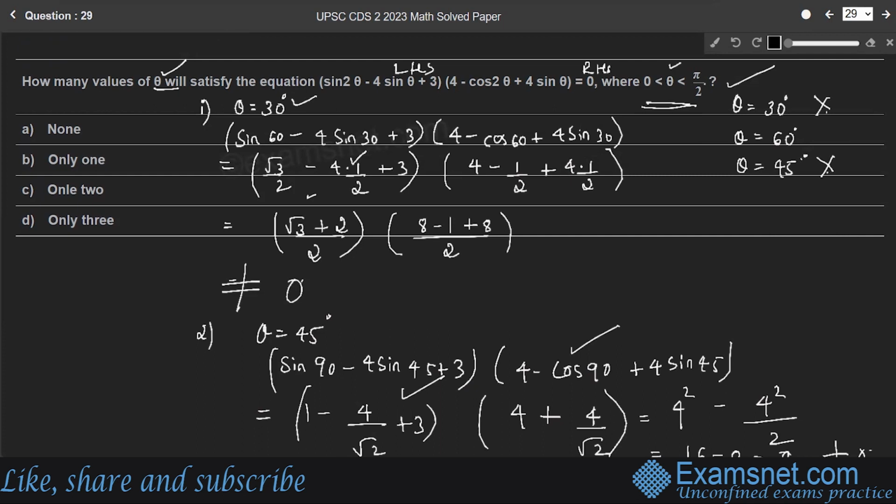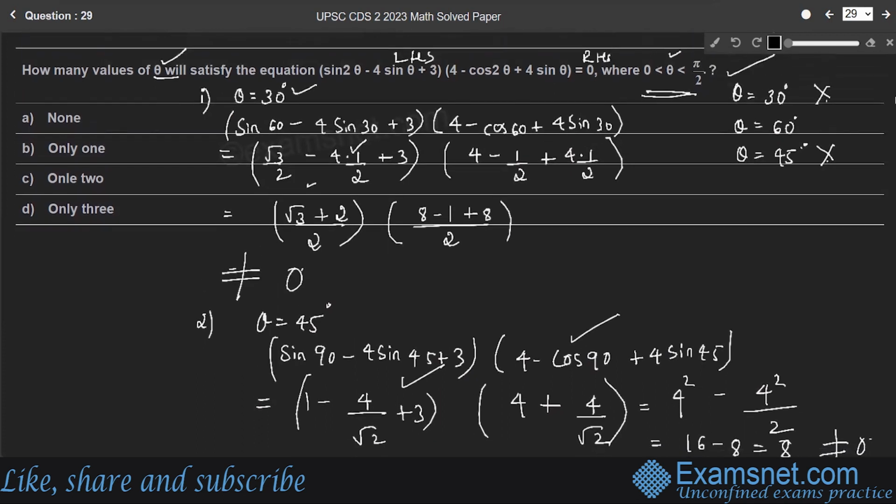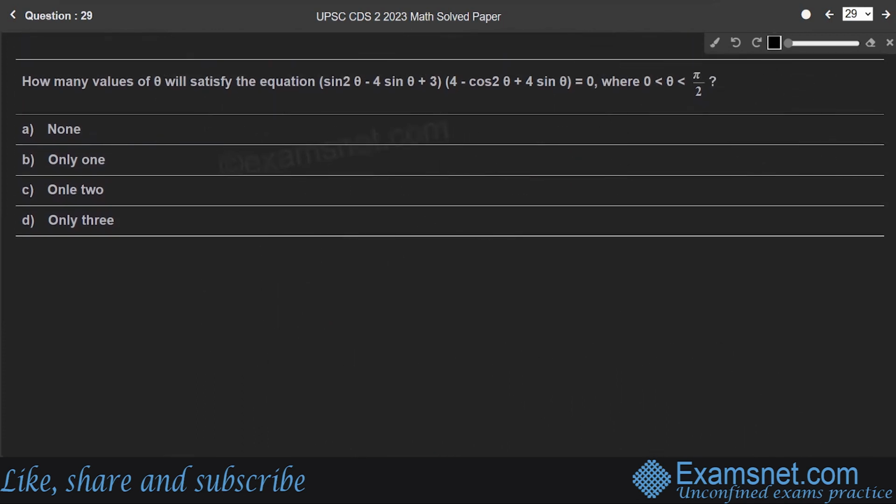So, let me check the value of theta for 60 degrees. We'll take the third value for theta, which is 60 degrees. The equation becomes sin 2θ, that means sin 120 degrees, minus 4 sin 60 degrees, plus 3, into 4 minus cos 120 degrees, plus 4 sin 60 degrees. Here also you don't get the value as 0.